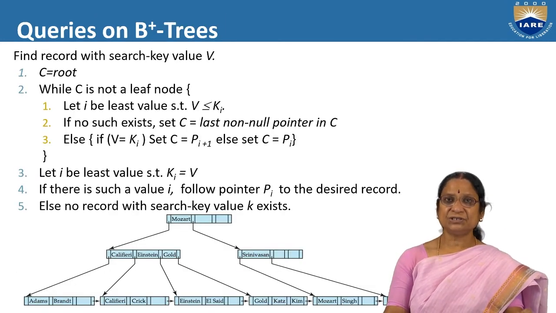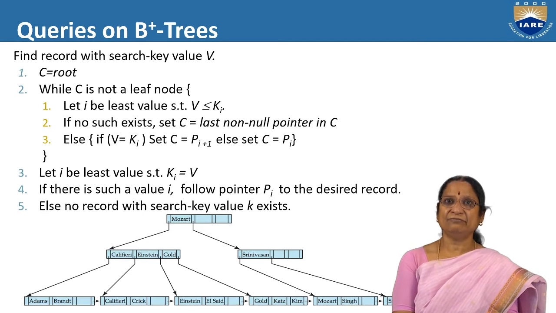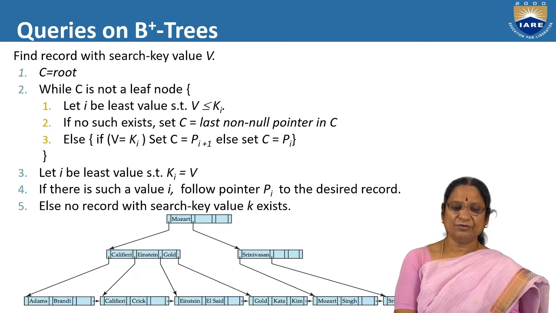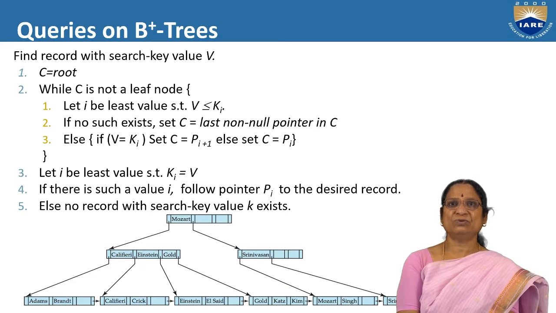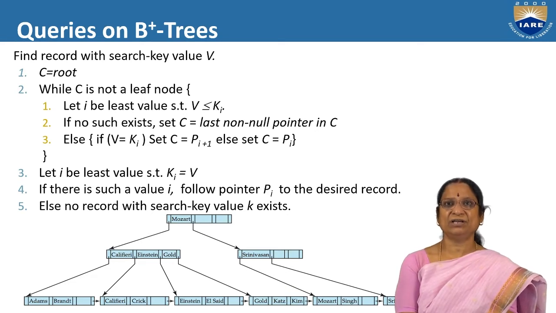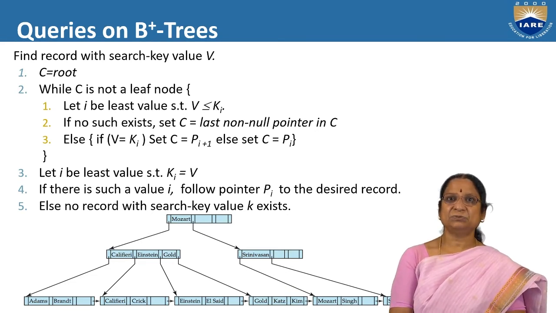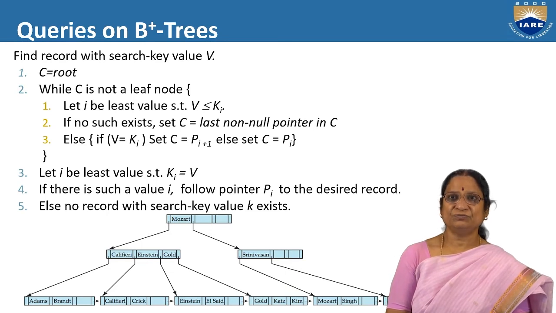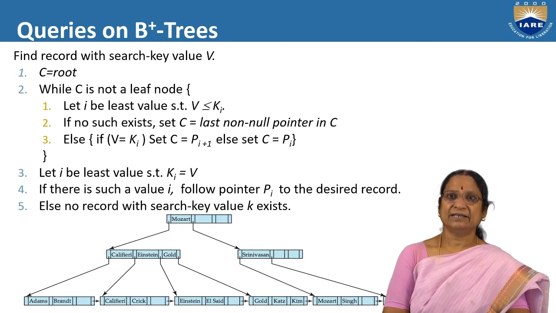So how to search for a value in a B plus tree? First we start from the root. If the root is not a leaf node, then the search process continues. For which value? We look for the key value less than the given V value, and the respective tree path is followed.